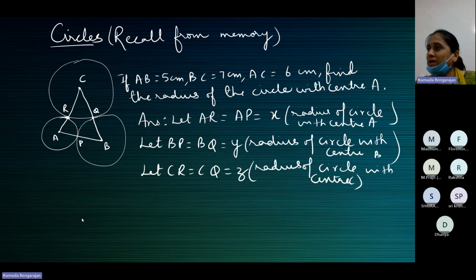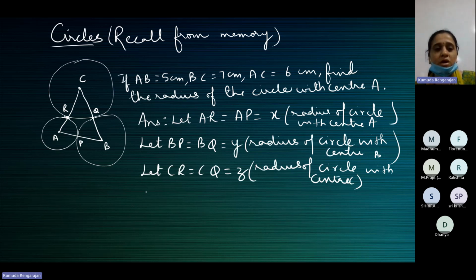AR is equal to AP. Why? There's a circle with center A, and AR and AP are radii, so they will be equal. We'll call it X. Then the other circle with center B, radii BP and BQ, we'll call it Y. Then another circle with center C, radii CR and CQ, we'll call them Z.